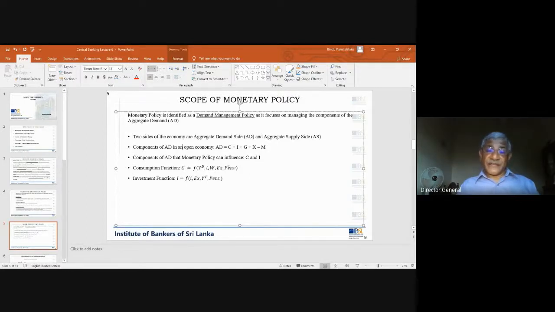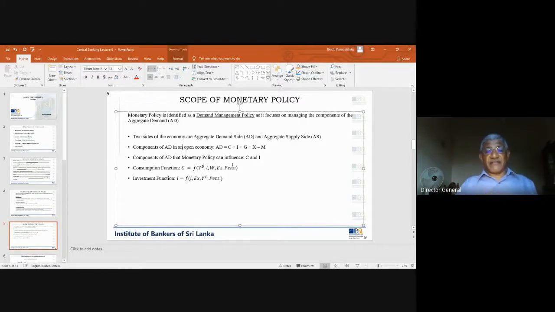And then this is the policy environment. Very recently you may see, when a government changes, it doesn't matter which government, this is nothing to do with politics.